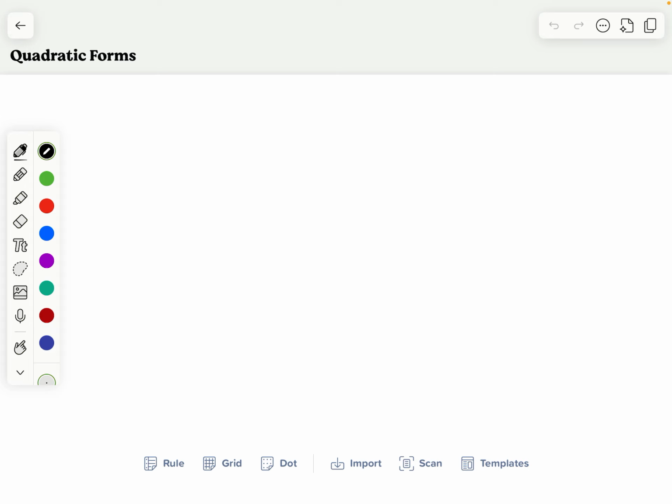So a quadratic form is a function, so let's give the definition.